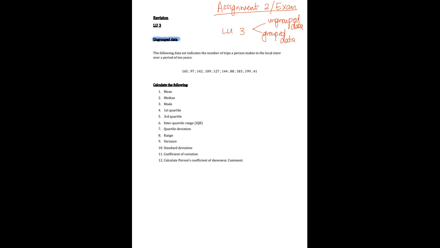It is easier than the grouped data section for sure, because with the grouped data section, you have specific formulas that are used. It can get a bit complicated. In your exam, although there is a formula sheet, essentially you will still need to know what each variable in a formula represents. So it can get a bit much when having to study that section.